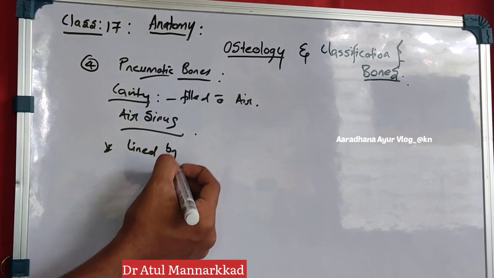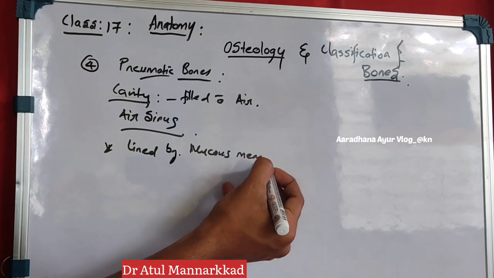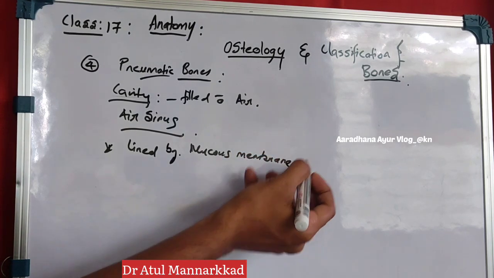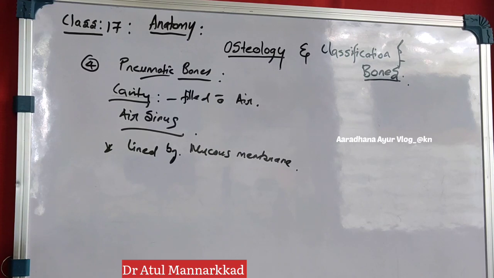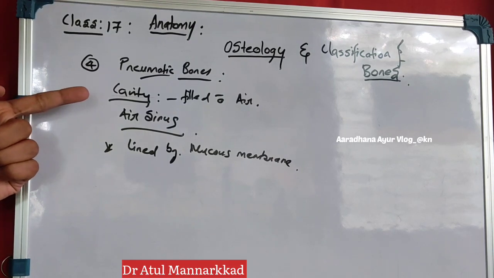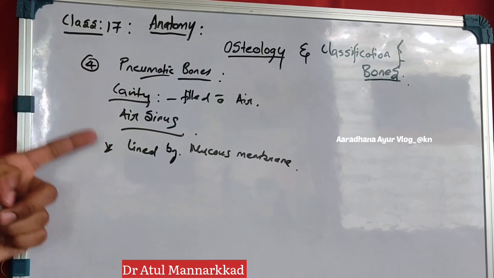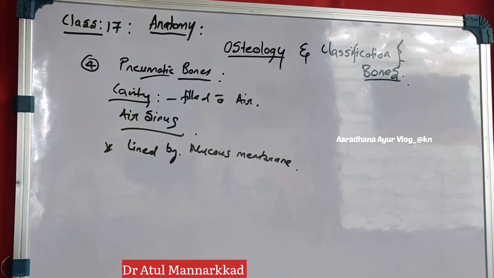These bones are lined by the mucous membrane. So these bones have cavities inside which are filled with air, and that air cavity is known as the air sinus, and these bones are lined by the mucous membrane.